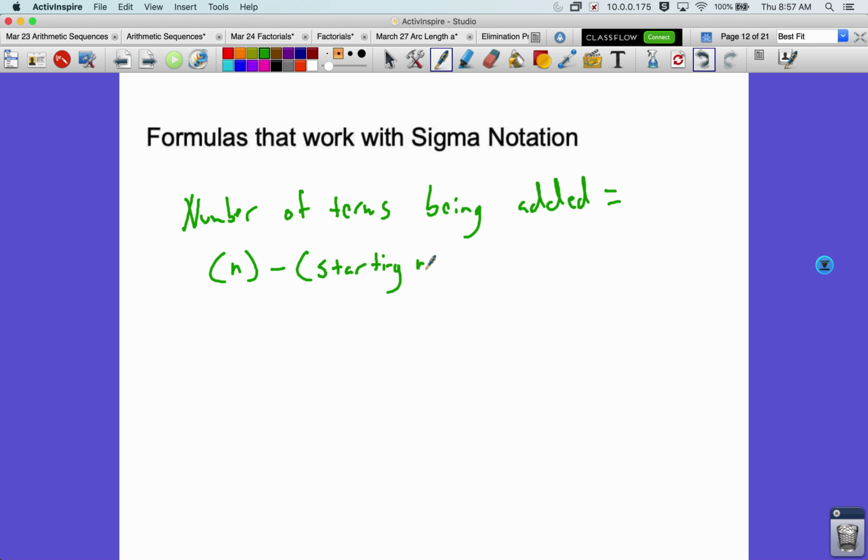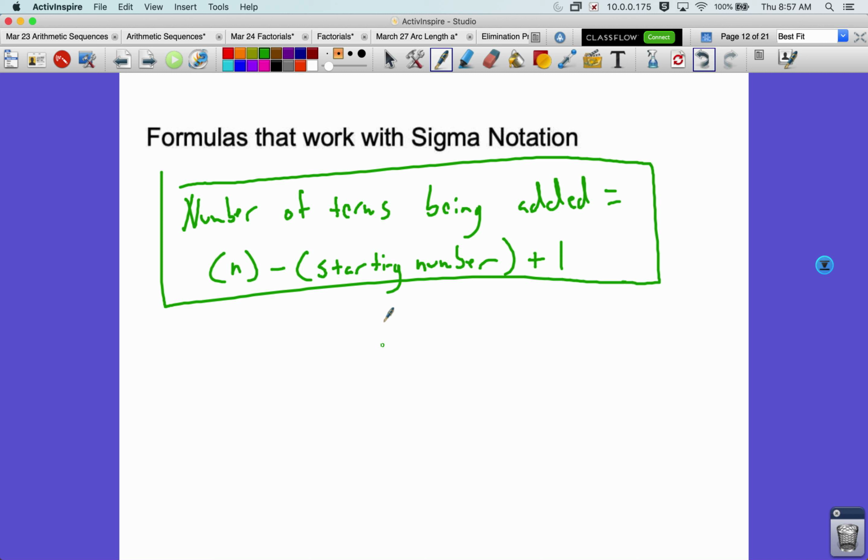And it seems like that would get it because that's where we end, that's where we start. But you have to always add 1 or else you're going to be off by 1. So the number of terms being added is n minus the starting number plus 1.